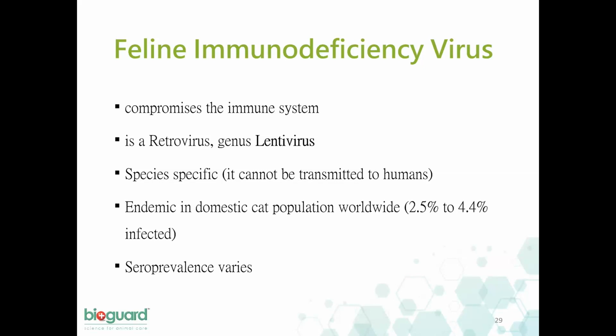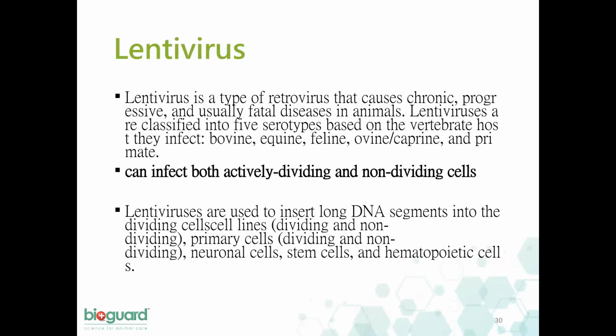Before we go further with the discussion of FIV, let me introduce lentivirus. Lentivirus is a type of retrovirus that causes chronic, progressive, and usually fatal diseases in animals. Lentiviruses are classified into 5 serotypes based on the vertebrate host they infect: bovine, equine, feline, ovine and caprine, and primate.